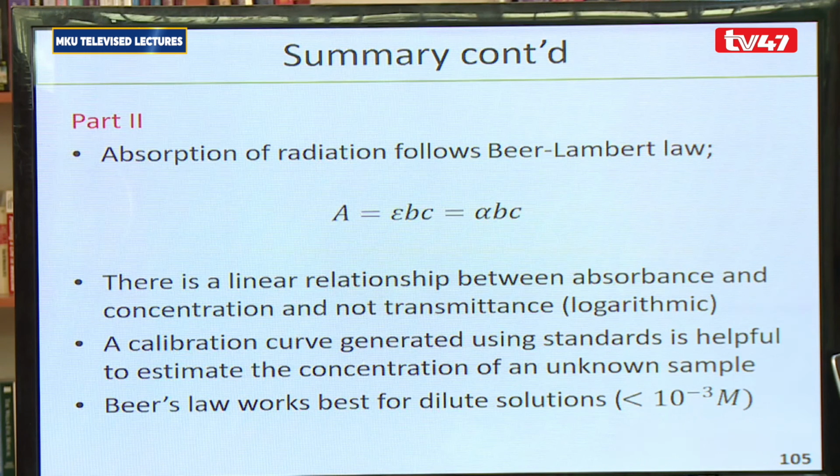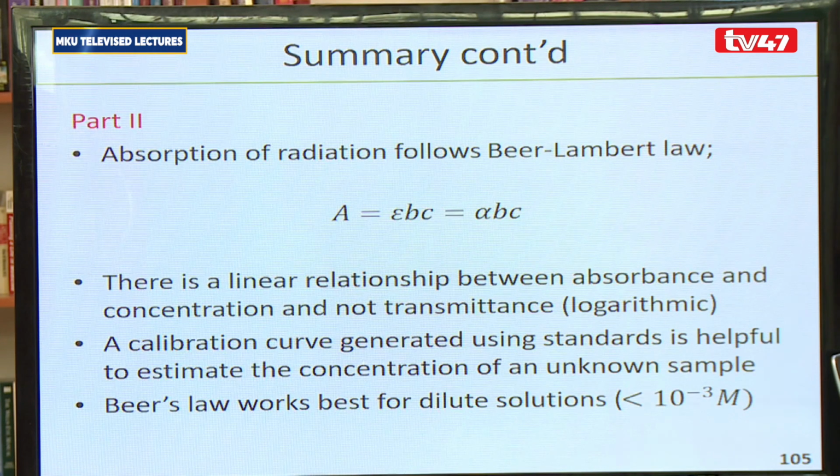Now, we also saw that you only use the molar absorptivity if the concentration is expressed in moles per liter or molality. Otherwise, if the concentration is expressed in grams per liter, then we use absorptivity.